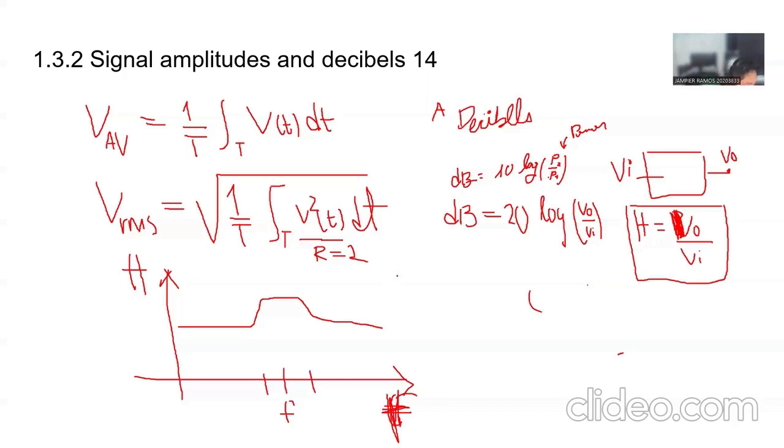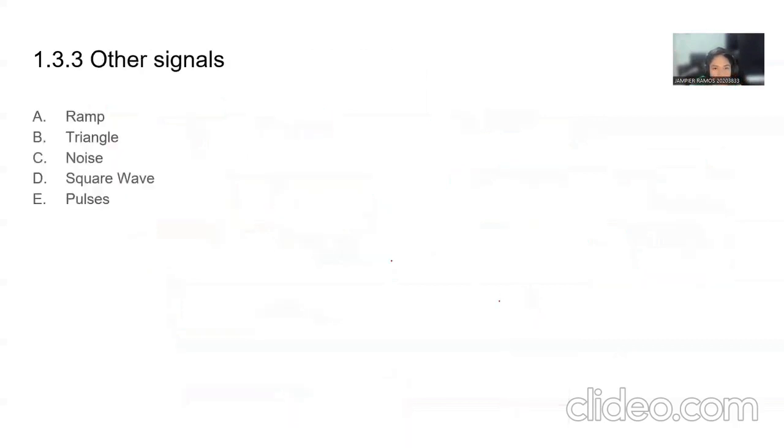So let's go next. Other kinds of signals. Aparte de las señales sinusoidales de las que hablamos, we can find ramp signals, and this is a very easy signal. The main feature of this signal is that we have a slope.